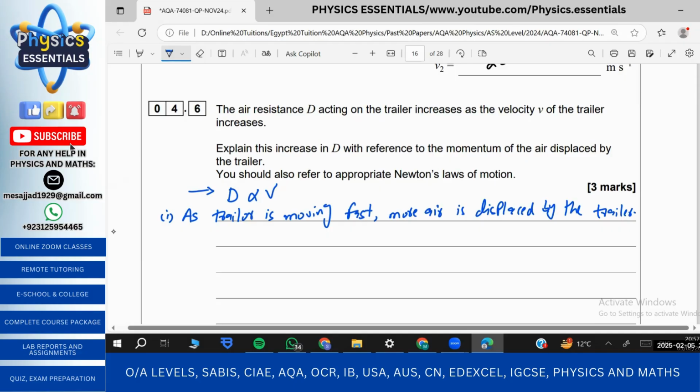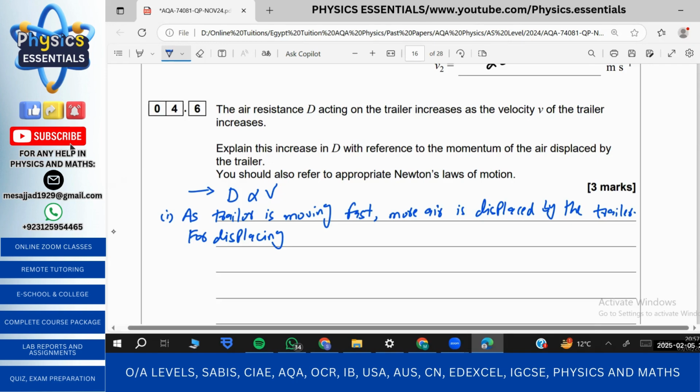And in order to displace more air, more energy and more force is required, because a large amount of air is coming and hitting the trailer and the trailer is pushing it back or pushing it off. So more and more volume of air is coming and striking and more of the volume is being put off by the trailer. So it means more force is required to put off all the air. Therefore, we will say drag is increasing.